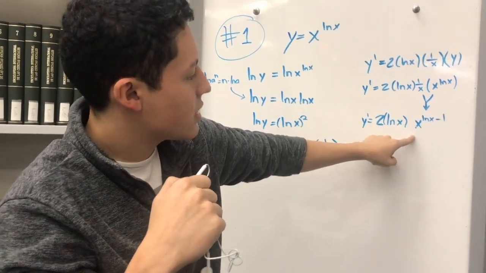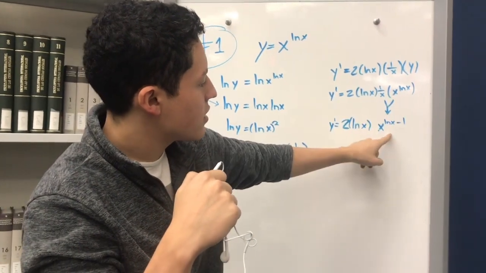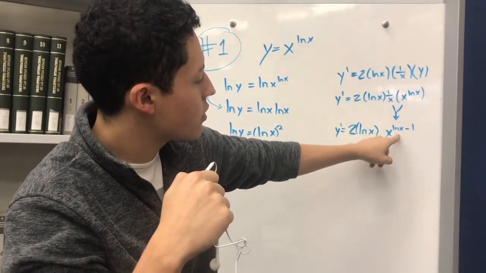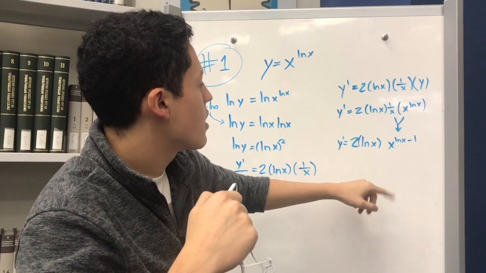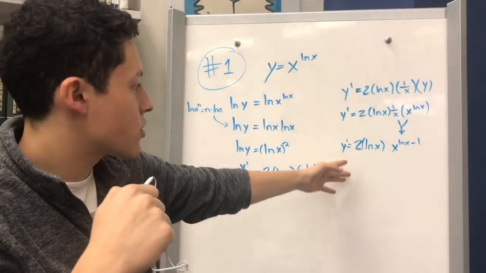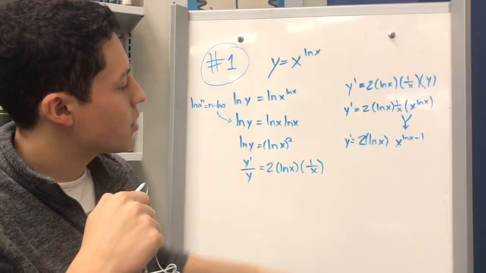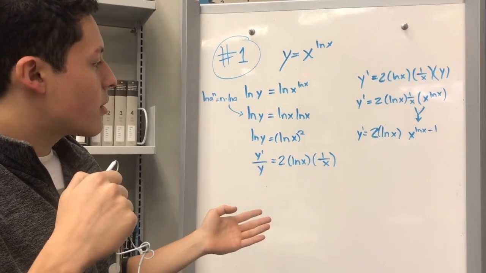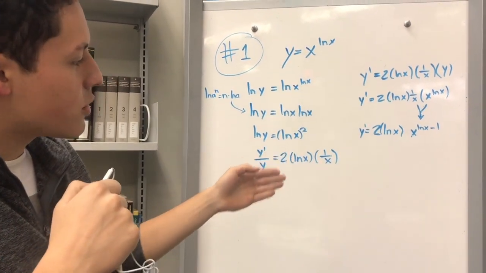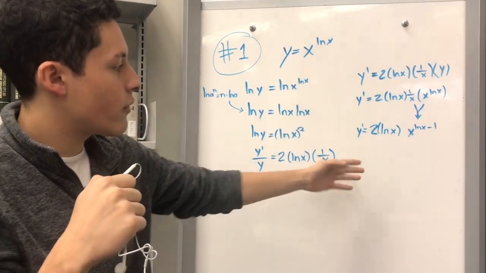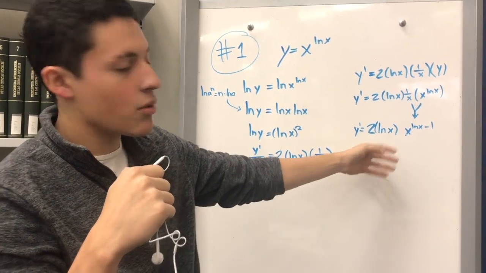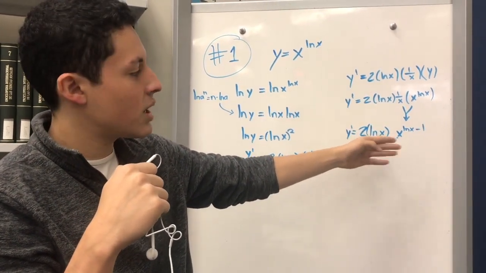So x will be x to the power of natural log of x minus 1. And there we have it. That's the answer. We keep the 2, and the derivative of y is equal to 2 times natural log of x times x to the natural log of x power minus 1.